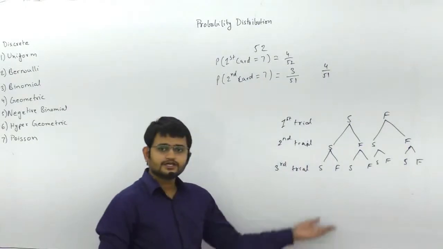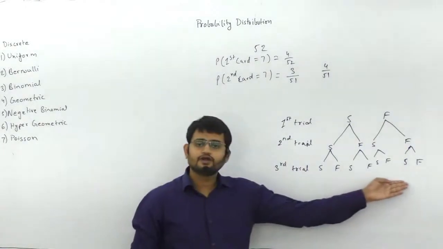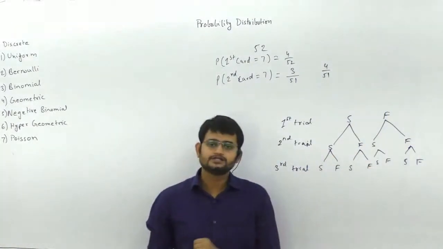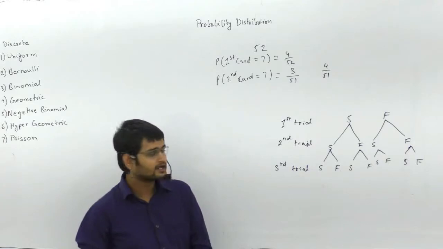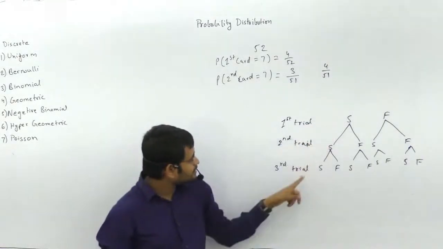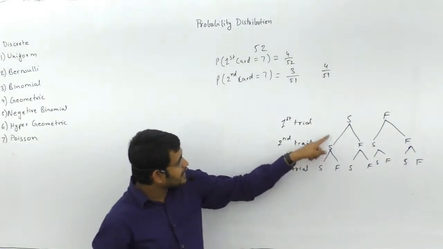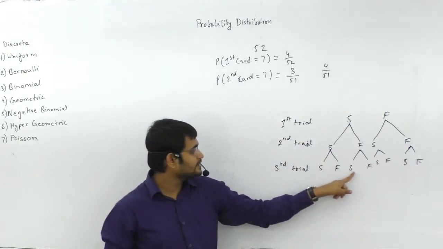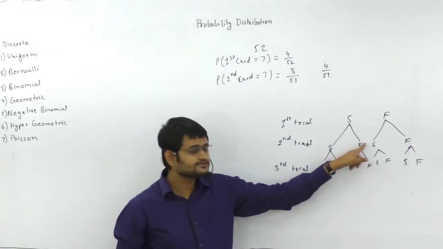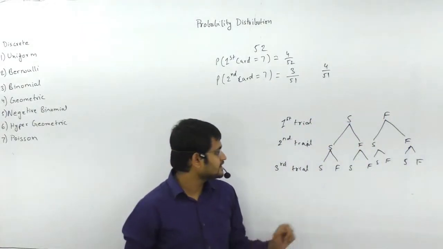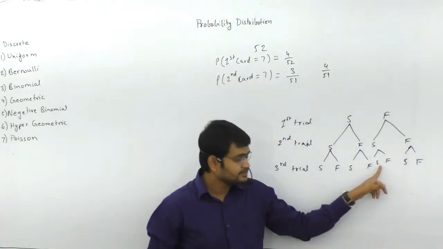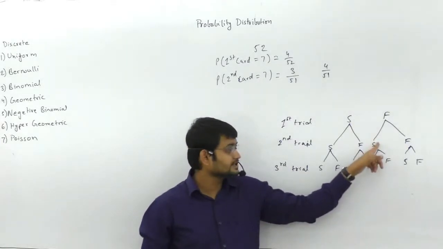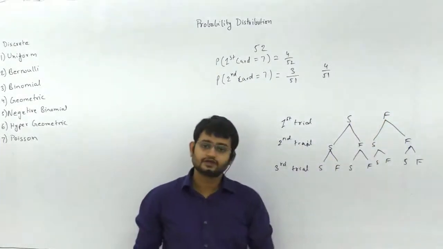So it becomes very difficult to define a distribution when we have so many different paths that a particular probability can take. The probability of the third being a success when both earlier trials are successes will be different from the probability of the third being a success when the second is a failure and the first a success, and also different from when the second is a success and the first is a failure.